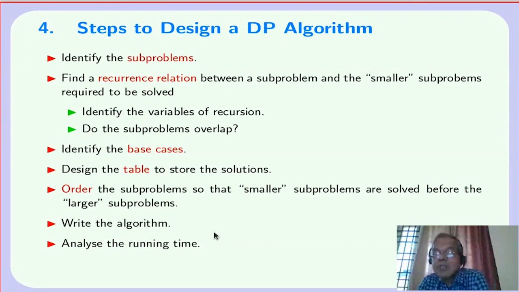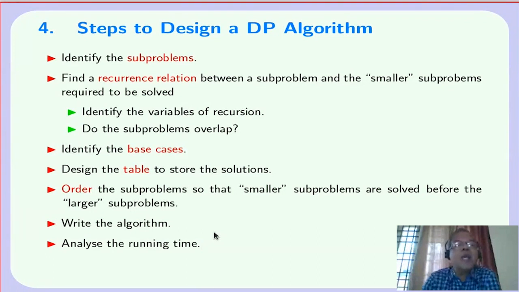If it is an array-based algorithm, you will say, okay, to solve the problem for an array of size n, reduce it to an array of size n minus 1. Something like that. Life is not that easy all the time. Identifying suitable subproblems takes experience and creativity. There is no formula for that.